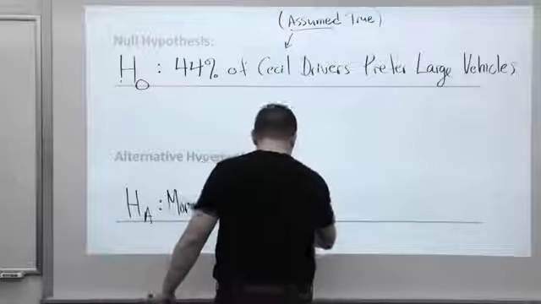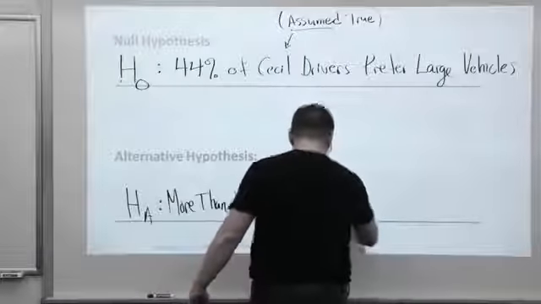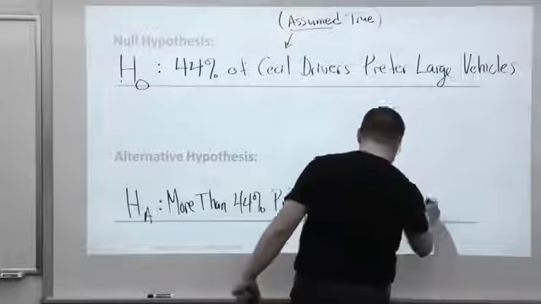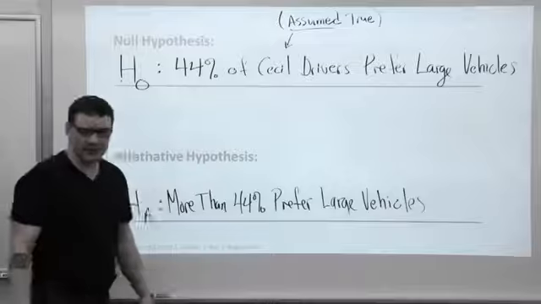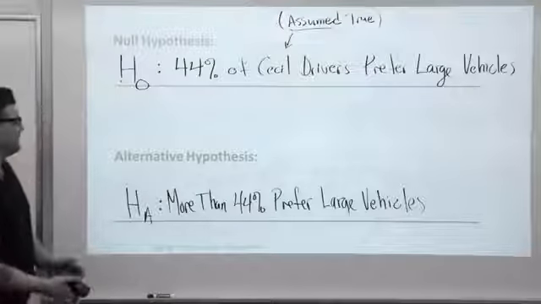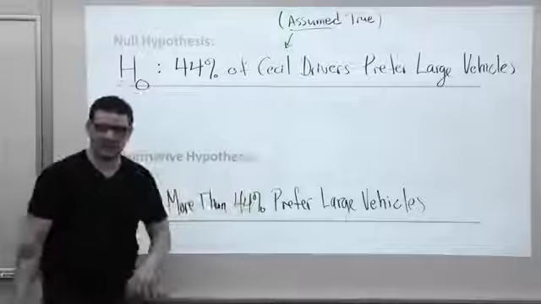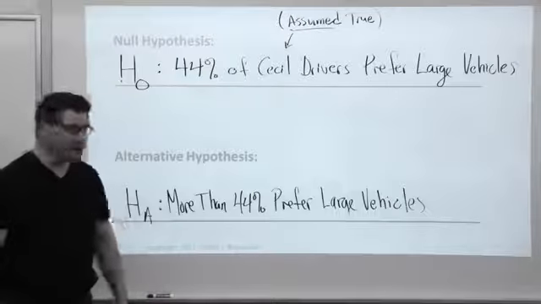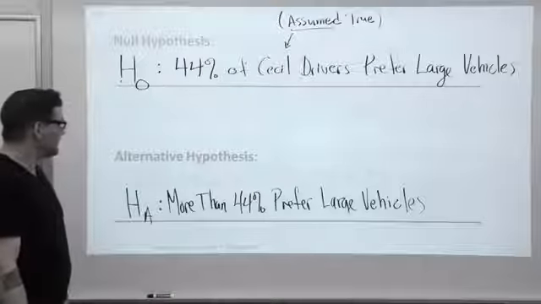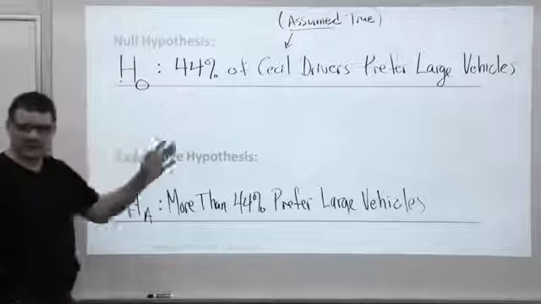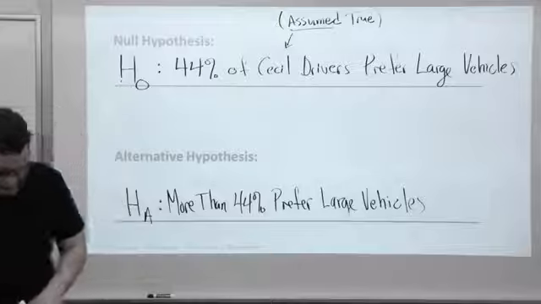More than 44% prefer large vehicles. If you're being very proper, put Cecil drivers, but that wouldn't fit on a line on the screen. When Kim gets to video B, there'll be symbols for all these words to make it a little bit cleaner looking.